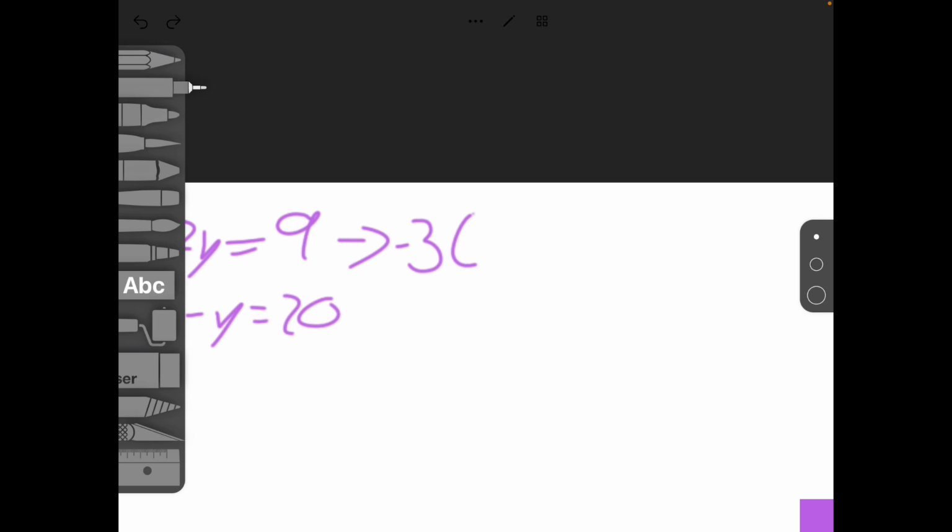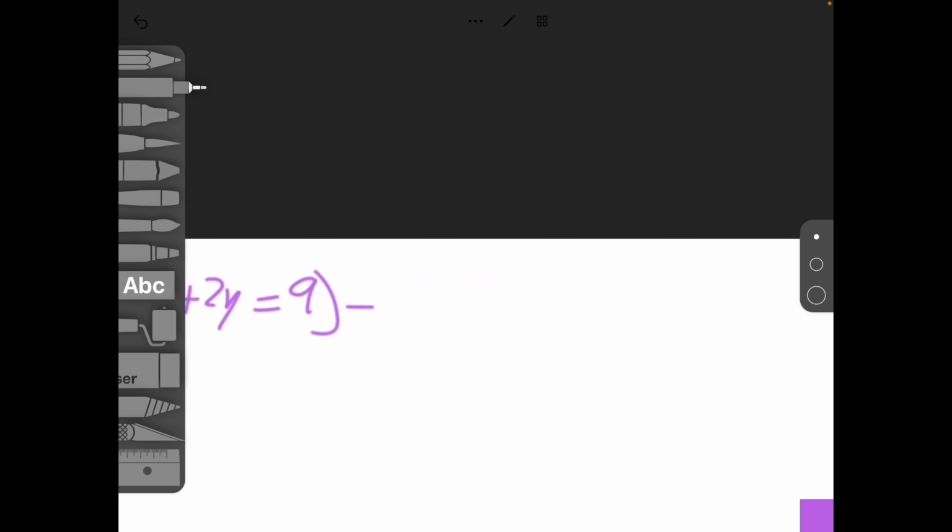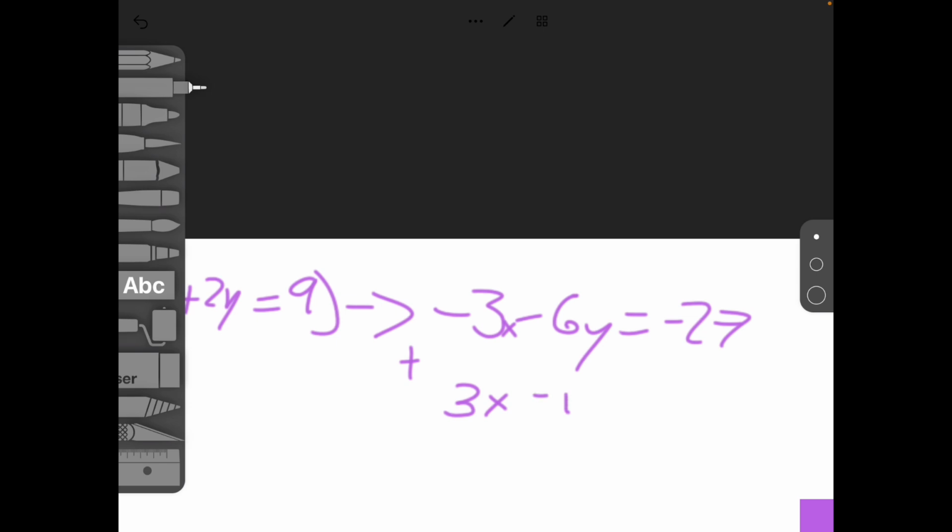So we would have minus 3x minus 6y equals minus 27, and we would add that to 3x minus y equals 20.